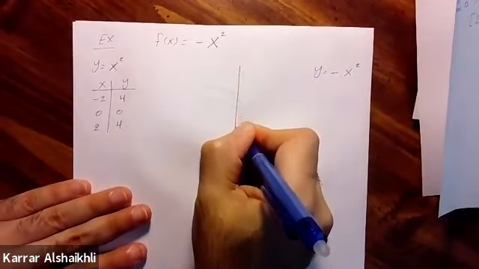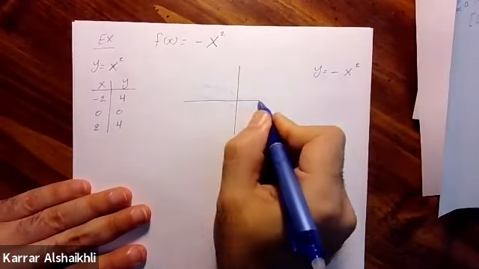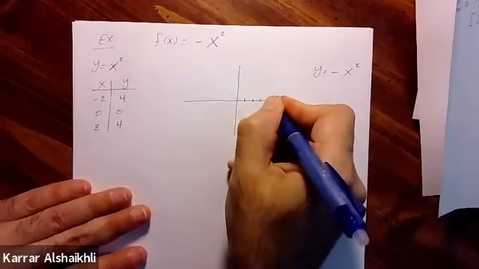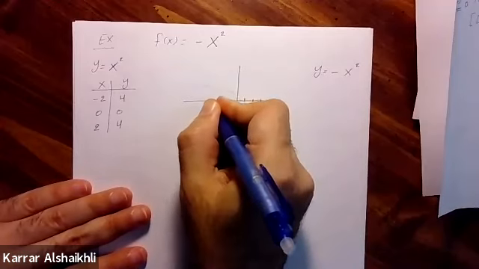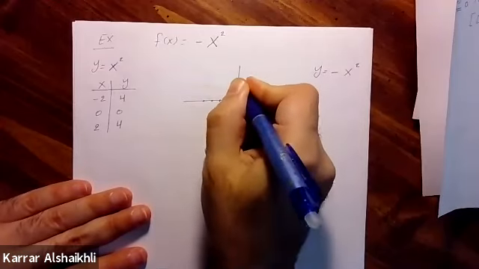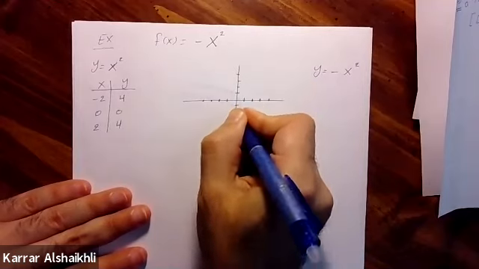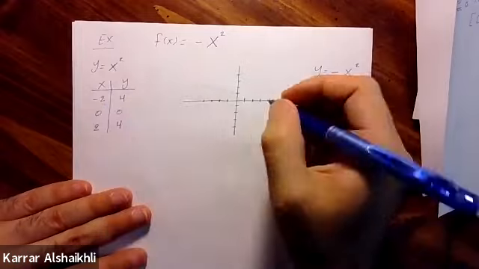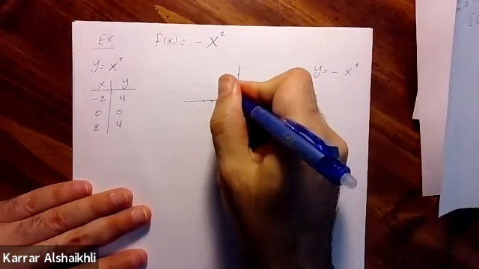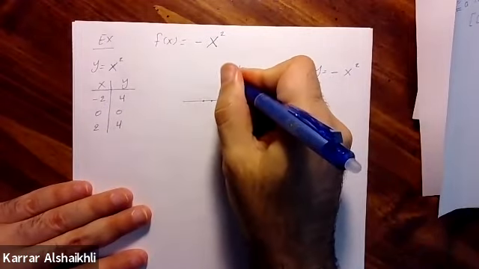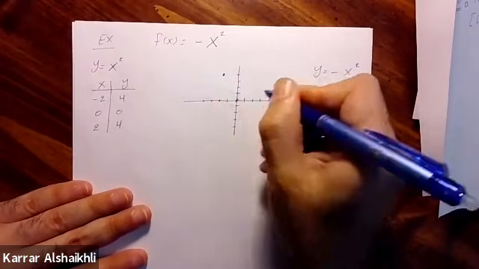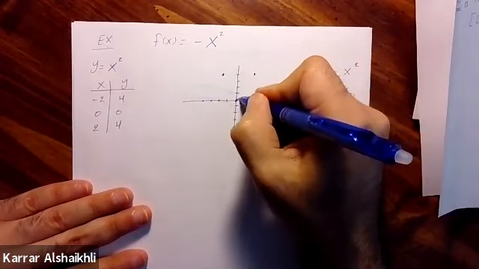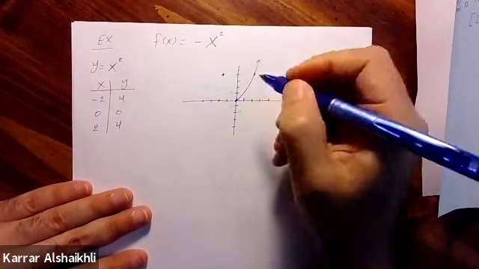We're going to do exactly the same thing. 1, 2, 3, 4. 1, 2, 3, 4. So negative 2 and 4 is going to be here. 0, 0, and 2, 4 is going to be here. So here is the graph for the parent function.